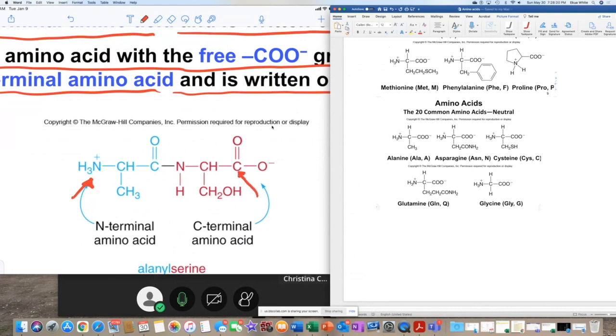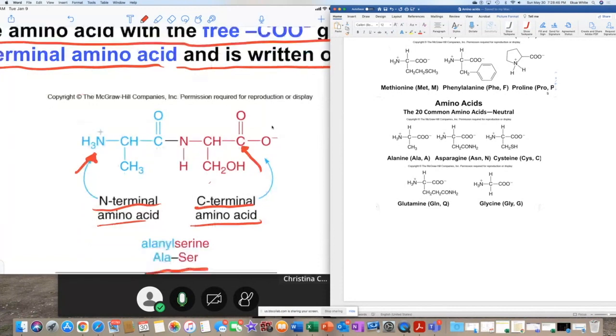This is the C-terminal, so you've got a C-terminal amino acid and an N-terminal amino acid. You want to make sure you can identify that. That's really not that bad, right? Just which side has the carboxylic carbon on the furthest right. That will be this one here. And then the left side will be the nitrogen.